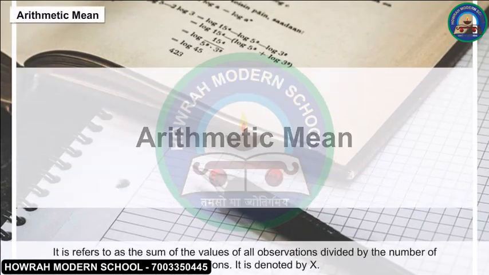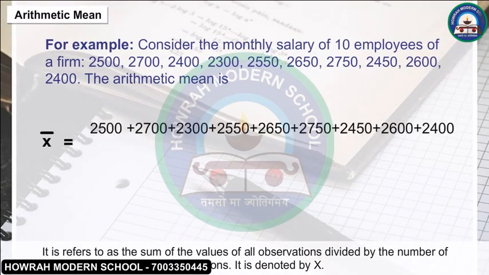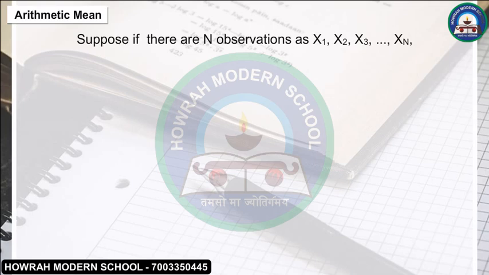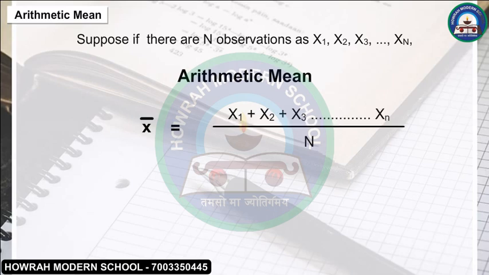Arithmetic mean. It is referred to as the sum of the values of all observations divided by the number of observations. It is denoted by x bar. Suppose there are n observations x1, x2, x3 and so on till xn, then the arithmetic mean is given by x bar is equal to (x1 + x2 + x3 + and so on till xn) upon n.